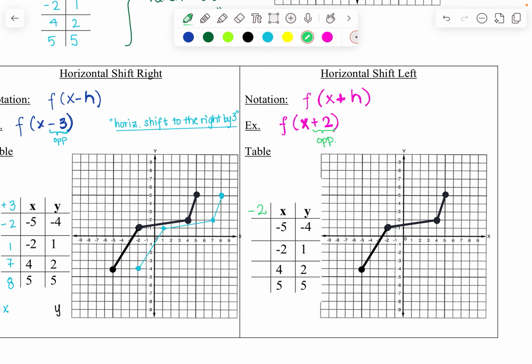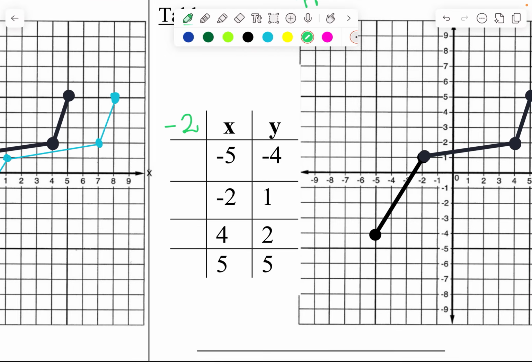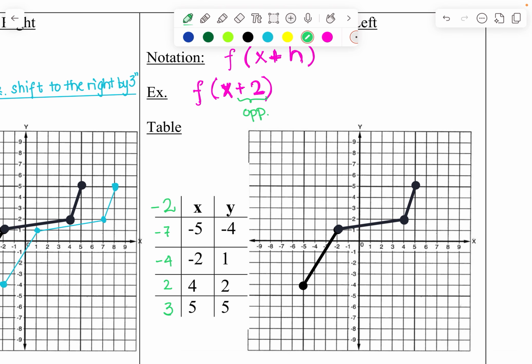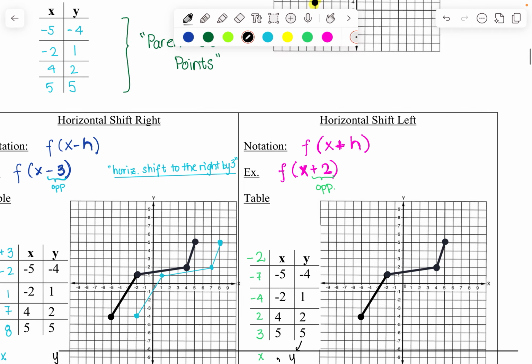We're going to subtract 2 from our parent x values. This becomes -7. -2 minus 2 is -4. -2 plus 4 gives us a positive 2, and -2 plus 3 gives us positive 3. Before we plot our new x and our original y coordinates, I want to use words to describe our transformation.